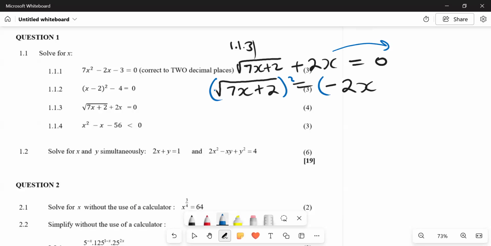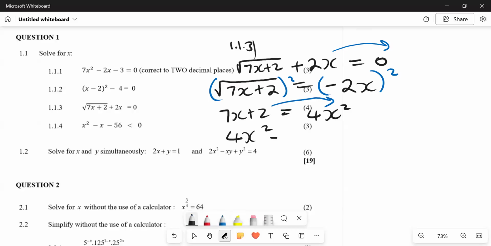So we square both sides, and from there, this is 7x plus 2 equals 4x squared. And then from here, let's transpose everything to the right-hand side. So this is 4x squared minus 7x minus 2 equals 0.